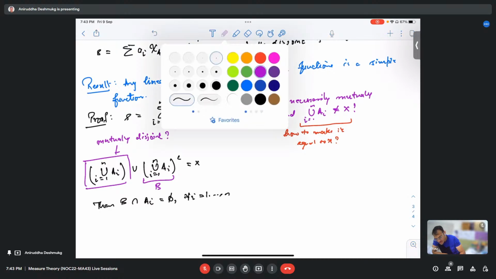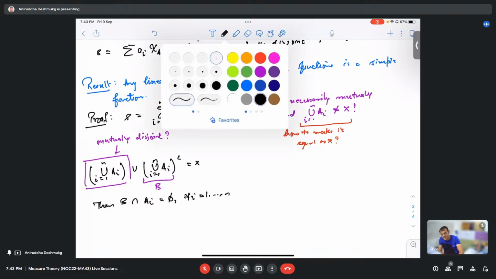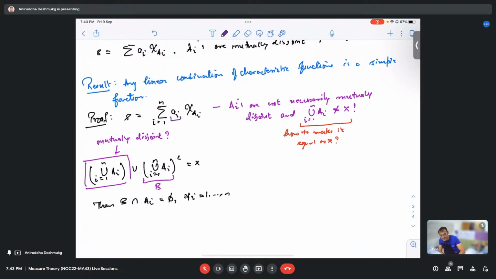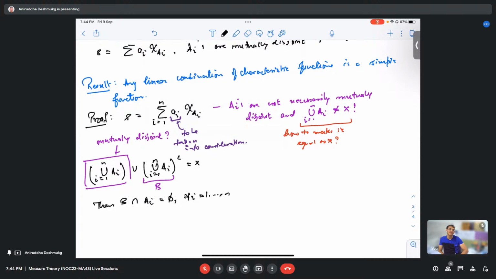So how to do that? I also noticed that we have to add these things to be taken into consideration. So what will we do? Any ideas?